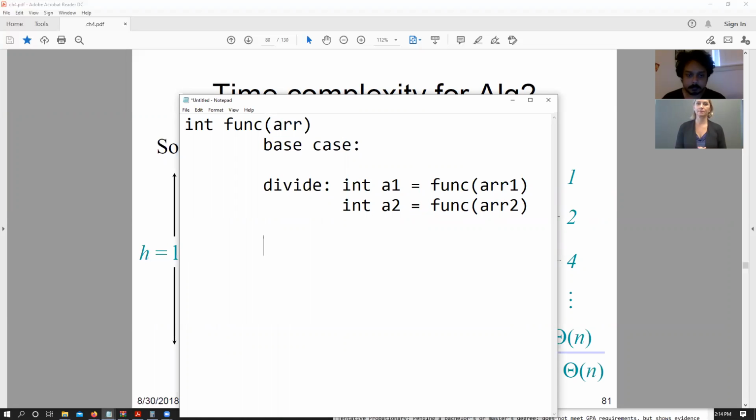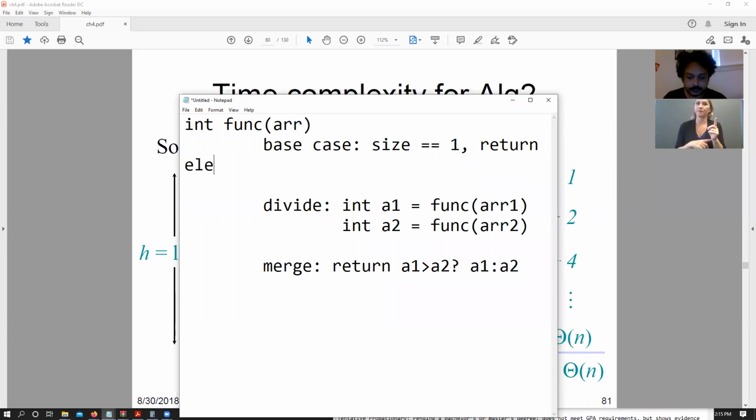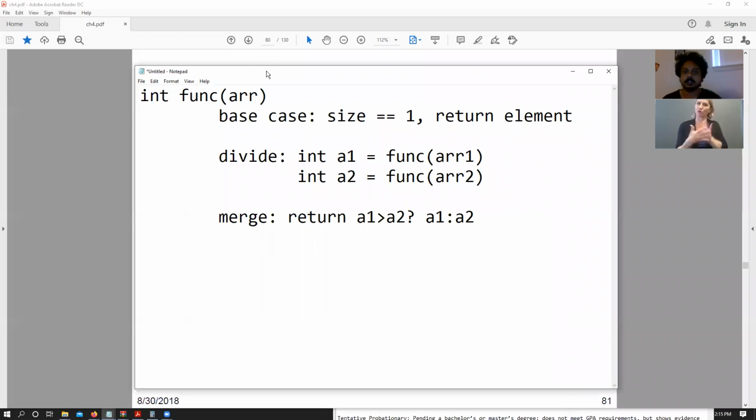And then the merge part would be: if A1 is greater than A2, then return A1, else return A2. The base case would be if size is 1, return the element.